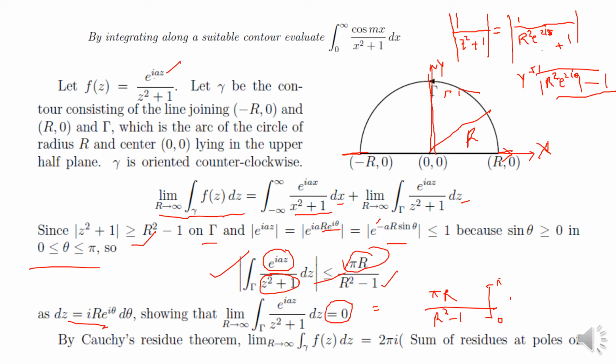So the integral is 0 to pi because we are talking about theta, and this becomes i, then we can write capital R here, and e to the power i theta. So e to the power i theta I can write as cos theta plus i sin theta, d theta.